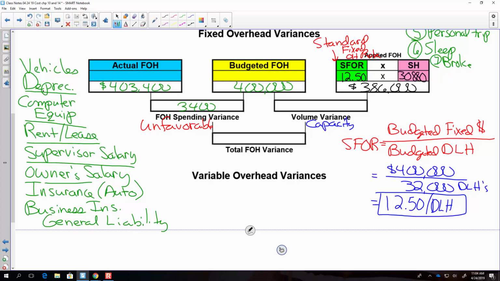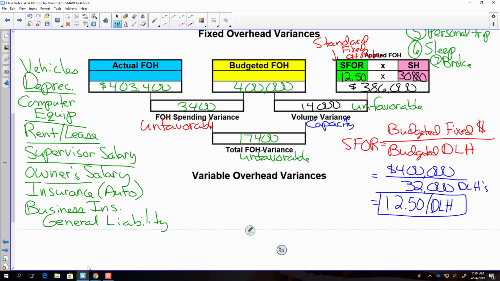Oh, that's nice. So 14, and which direction? It's unfavorable. Very good. So here's another 14,000 unfavorable. I added to the 3,400, I now have 17,400 unfavorable. And that completes the template.